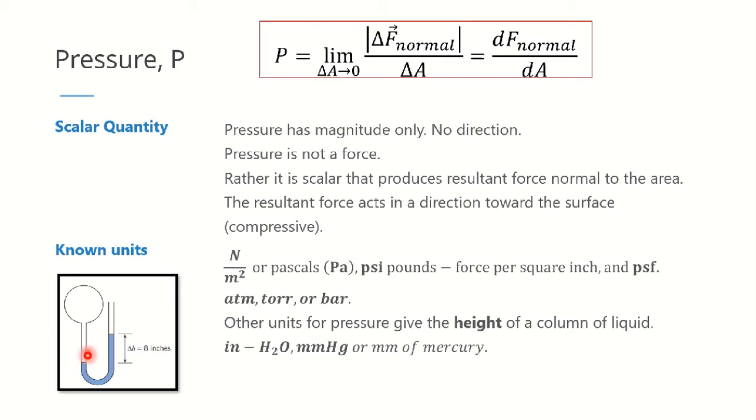Pero yung kaya niya lang i-push is at a height of 8 inches water gauge or 8 inches H2O. So pwede rin yung fluid is mercury. So depende rin yan. So pwede mo siyang i-express as the height of column of liquid. So yung mga iba't ibang conversion factor or iba't ibang unit or values ng pressure is matatagpuan nyo sa PDF nyo sa table F.1. So yan.